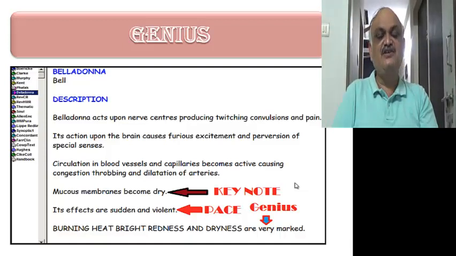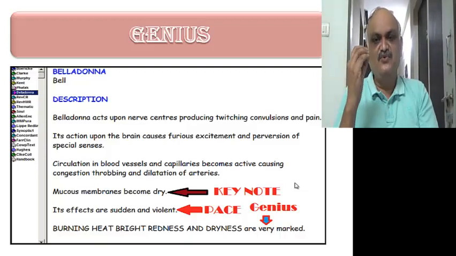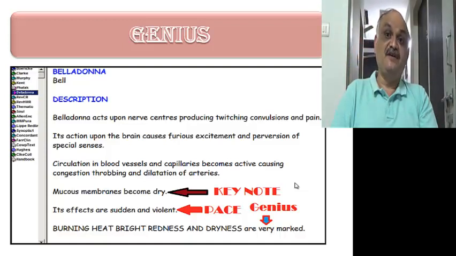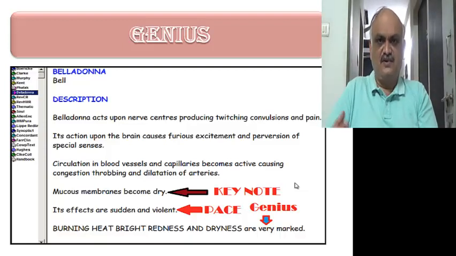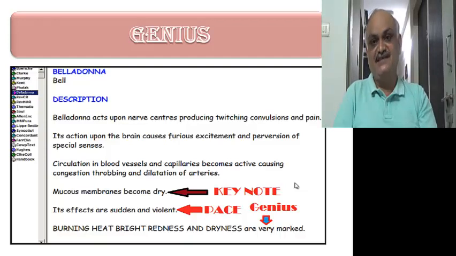So this is the way each medicine has some one peculiar word or a few words, not only one, a few words, which speak the entire characteristic of the remedy, the entire pattern of the remedy. This we call genius. And we cannot find this directly even in particular symptoms. It's not just a symptom. It's the general characteristic of that medicine. So that genius should be matched.